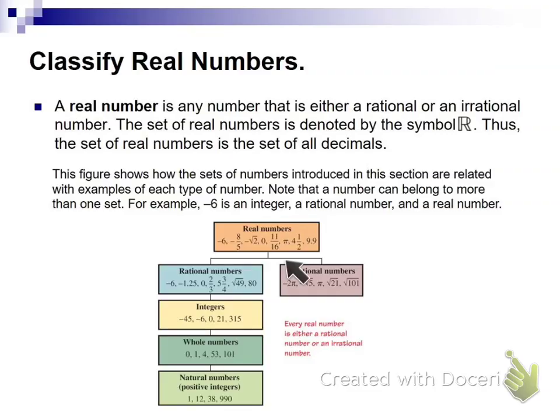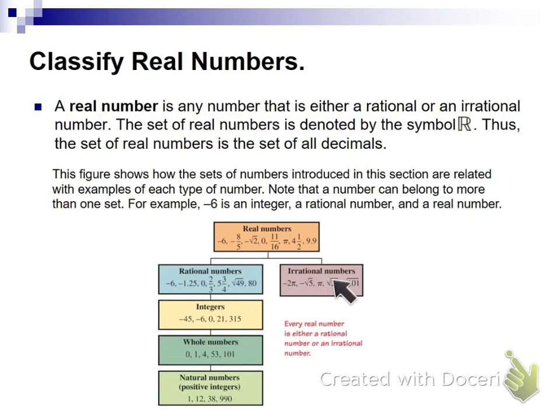I like this chart for you to look at because we have real numbers and then we have imaginary numbers, which bring in i. But real numbers are either rational or irrational. Irrational numbers are simply numbers that cannot be written as a fraction.